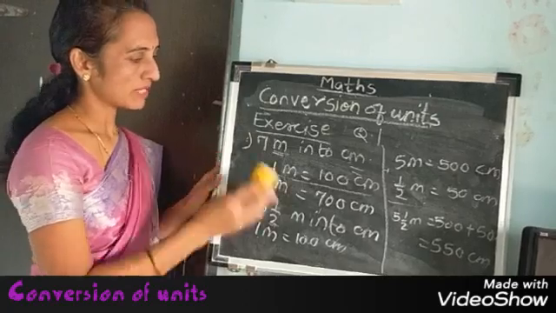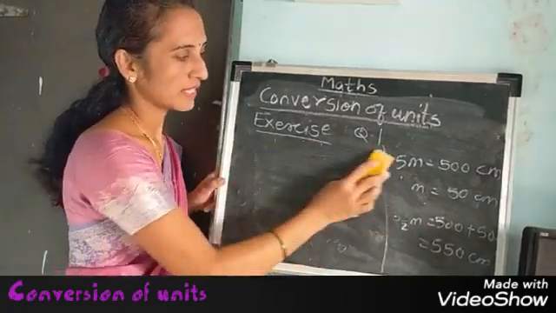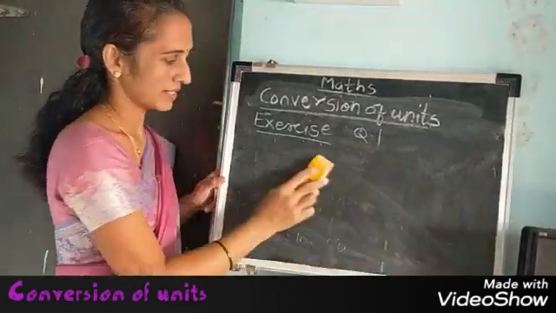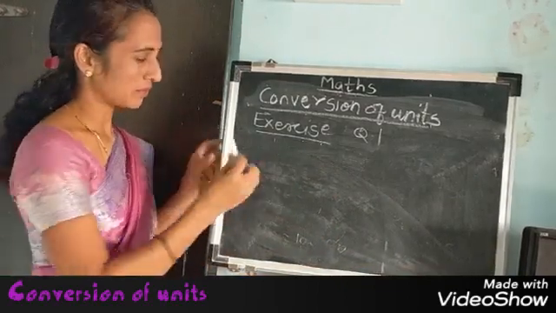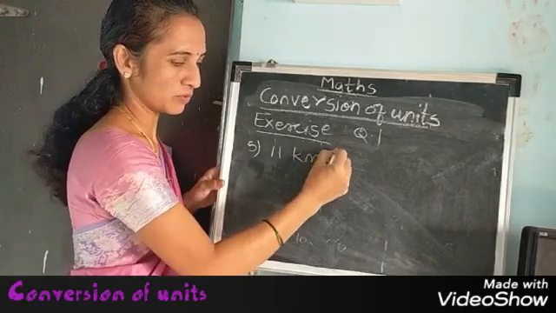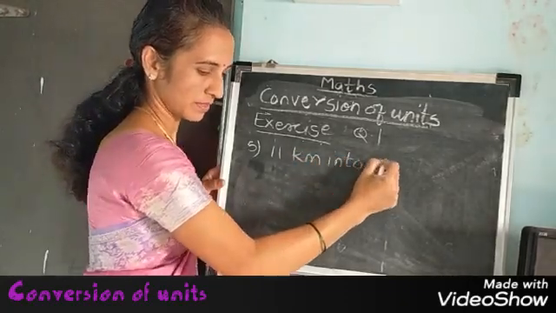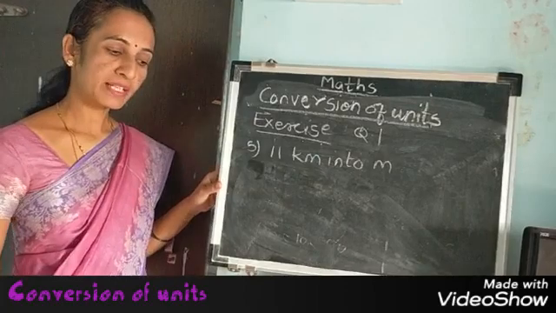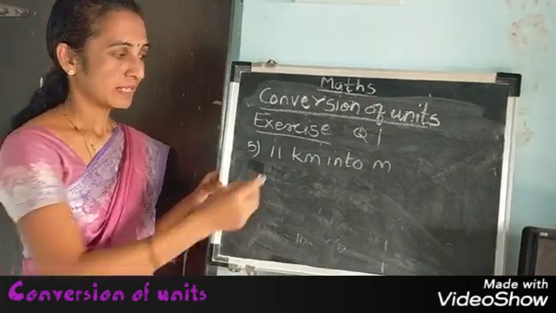Okay. Now we will see fifth example from the exercise. Example number 5. 11 kilometer into meter.